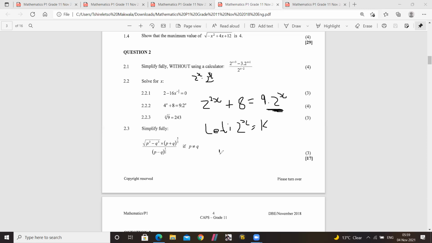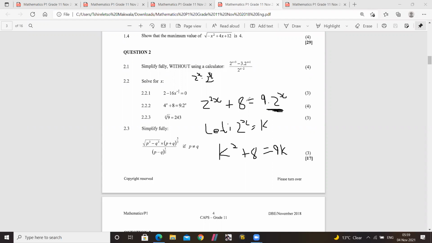It's k times k, which is k squared. So this is the same as k squared, then plus 8. Then how many 2 to the power of x do we have here? We have 1, so it's only k here.